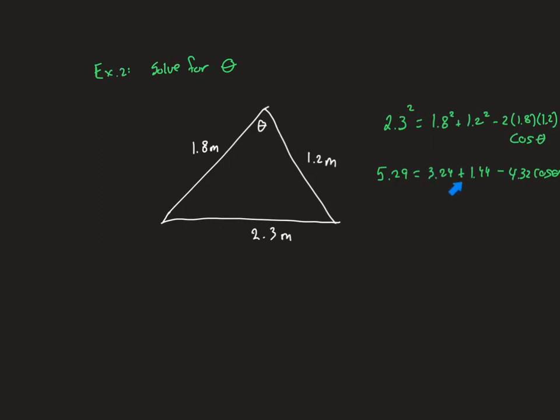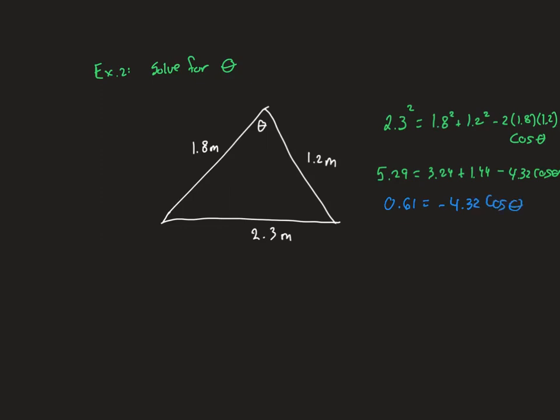So I'm going to bring these to the other side, which means they'll turn into subtractions. So 5.29 minus 3.24 minus 1.44, that's going to give me 0.61 minus 4.32 cosine of theta.